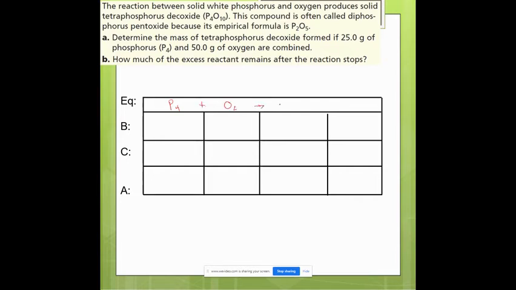We are going to end up forming P2O5. Oh, that's its empirical formula. Hold on. This is its molecular formula, so I have to erase that. Sorry. Okay, so that ends up being P4O10.